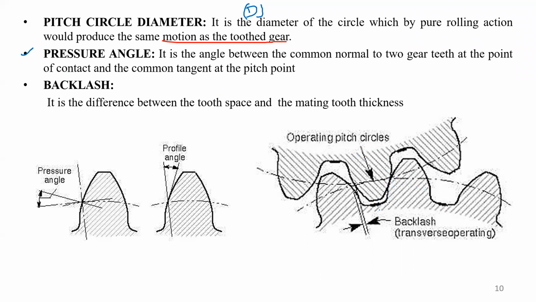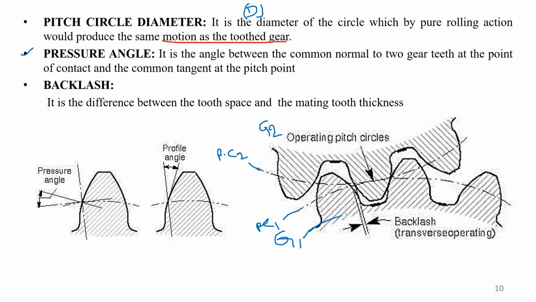Let us consider the two gears in mesh. This is gear 1 and this is gear 2. This line represents the pitch circle of gear 2 and this represents the pitch circle of gear 1.